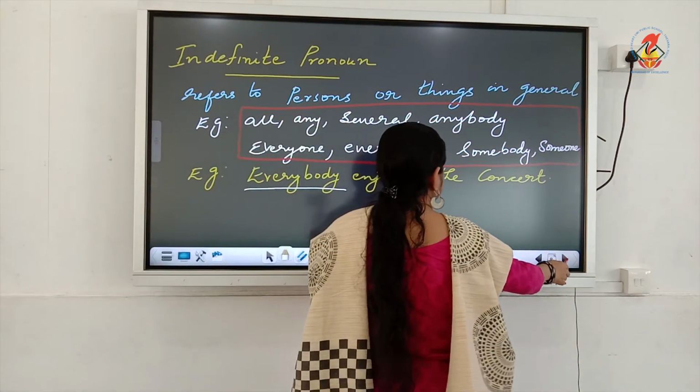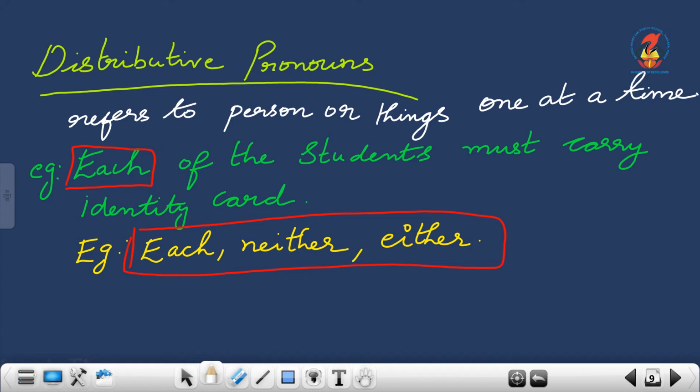Now the next one we are going to study is distributive pronoun. What do you mean by distributive pronoun? It's a pronoun which is used to denote a person or a thing at a particular point of time, to each other or to one another. One at a time.